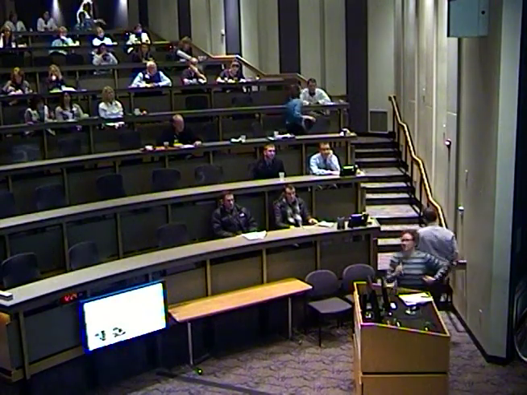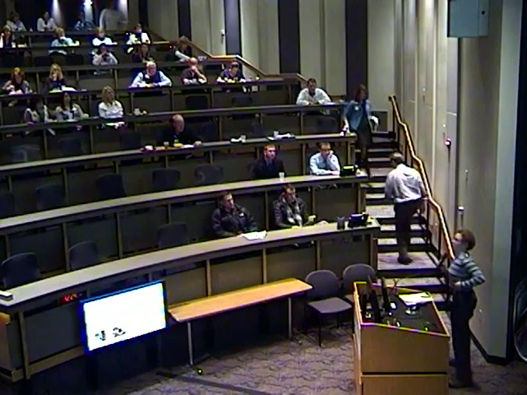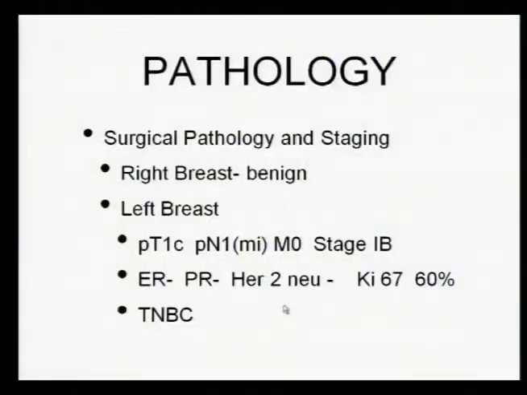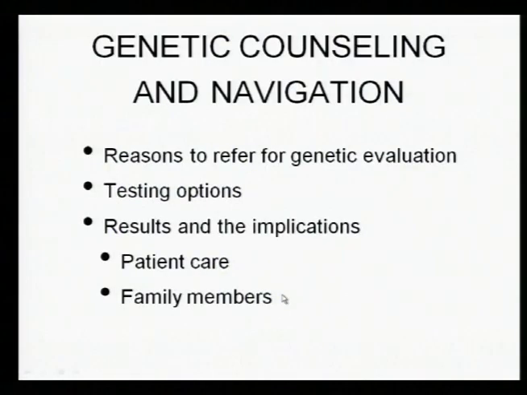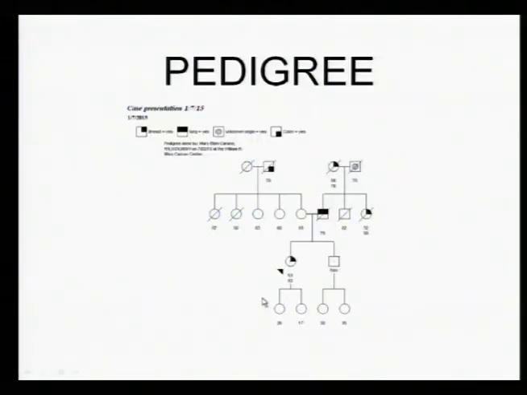So one of the ways that I talk to patients regarding what stage is, is how much cancer is in an individual's body. This particular patient is young, and she has triple negative breast cancer, which makes us very concerned about a potential genetic risk.